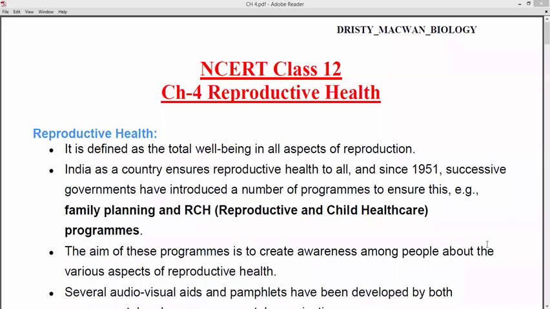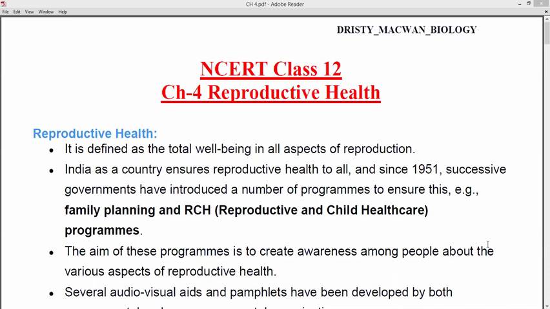In order to give education related to reproductive health, different governments have introduced several programs such as family planning and reproductive and child healthcare programs. These are examples of programs introduced in order to understand reproductive health in a proper manner.